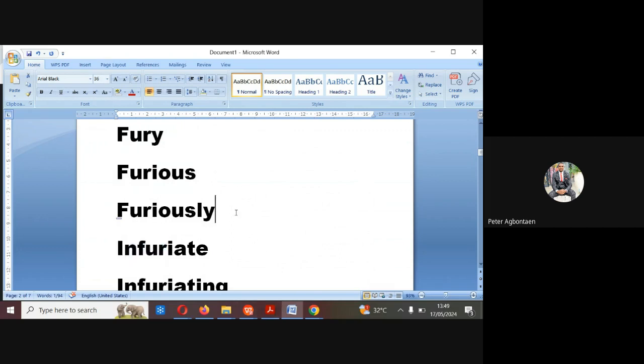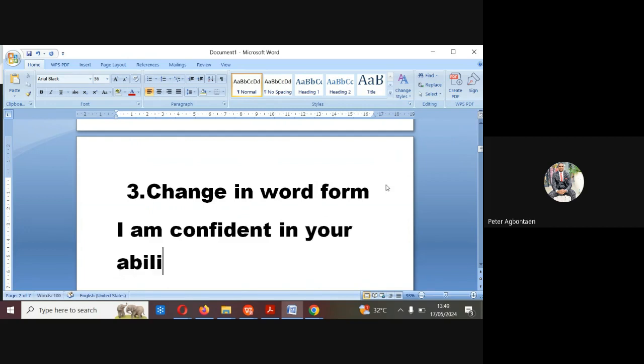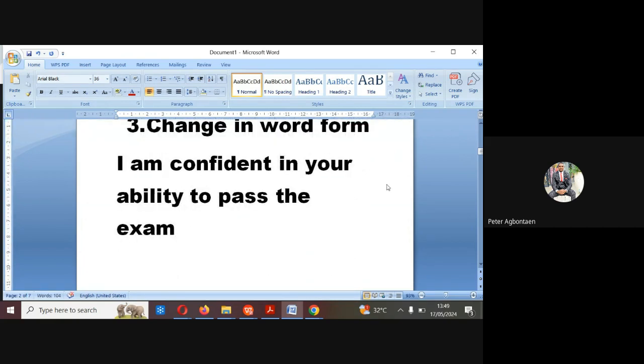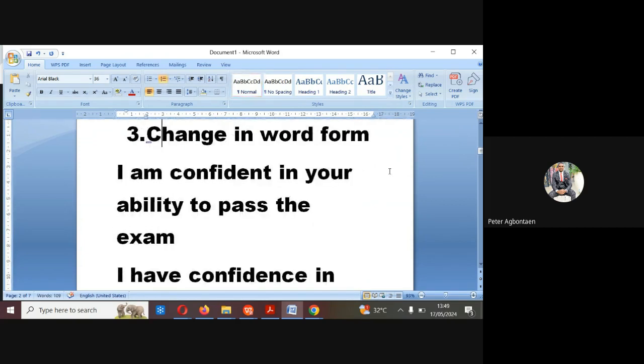Now, let me give you an example of this. Let's assume I say something like, I am confident in your ability to pass the exam. I can also say, I have confidence in your ability to pass the examination. When you say I am confident, that's an adjective.